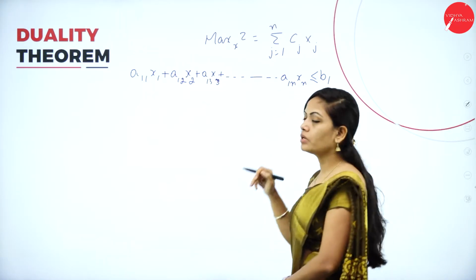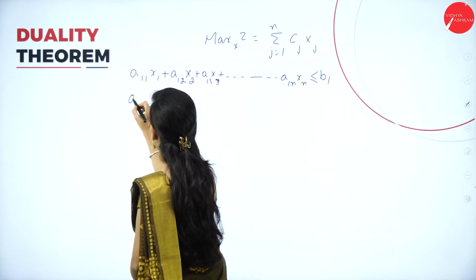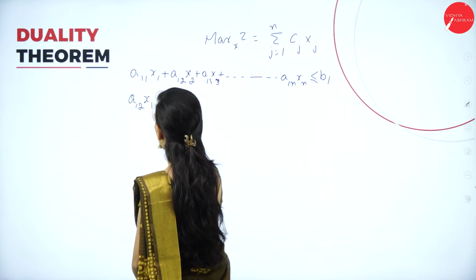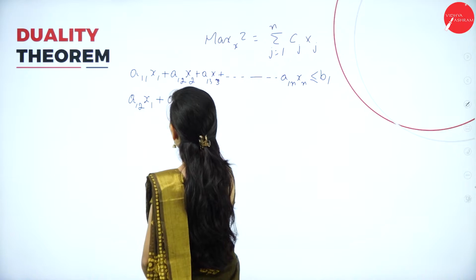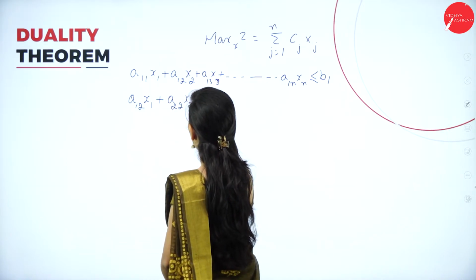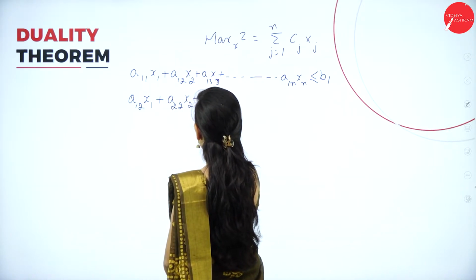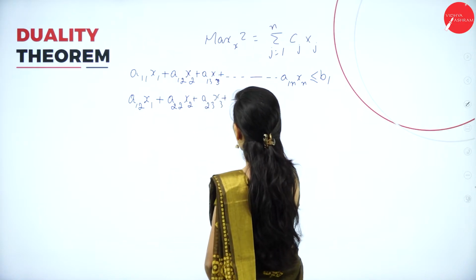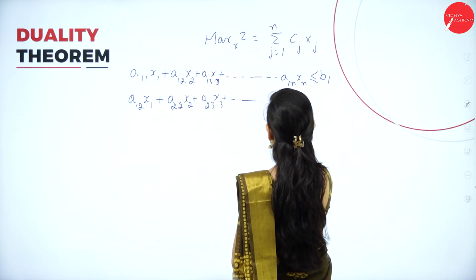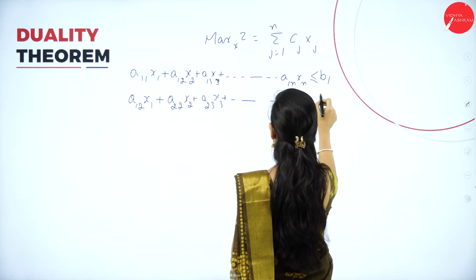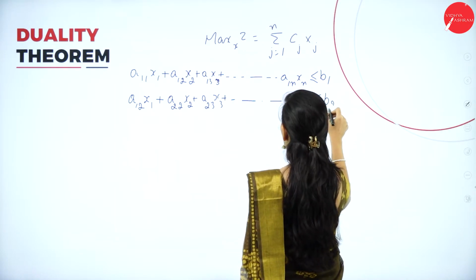And again a21 x1 plus a22 x2 plus a23 x3 and so on up to a2n xn less than or equal to b2.